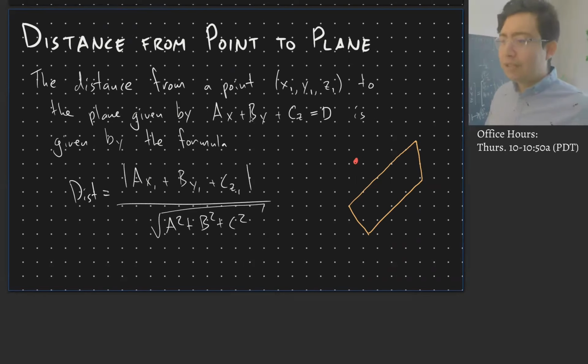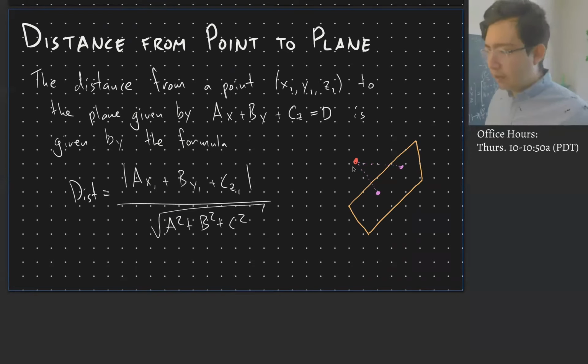Well, you might think, oh, just take some point on the plane and measure it. But if we took a point out here, this distance would be too much, right? Because there's clearly a point, if I just get closer over here, that measures it better, okay? And this formula here gives us exactly this length.